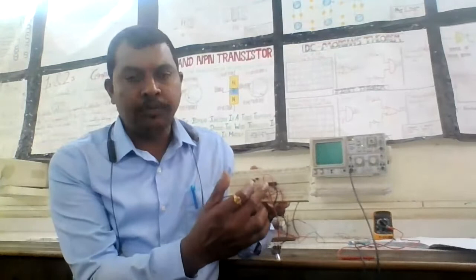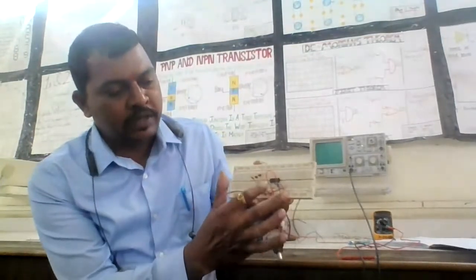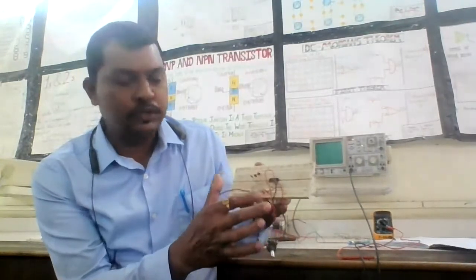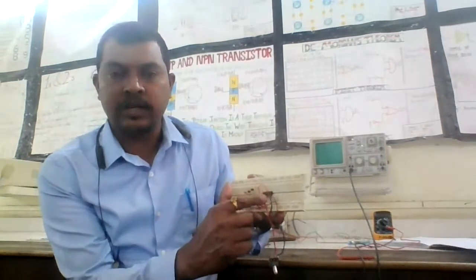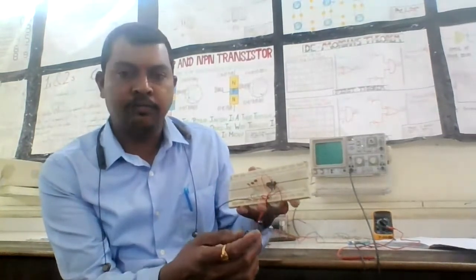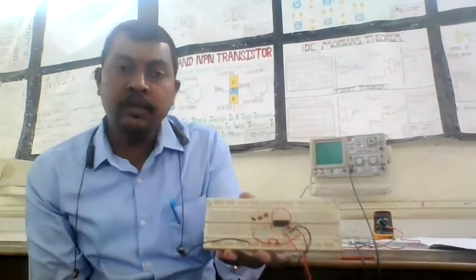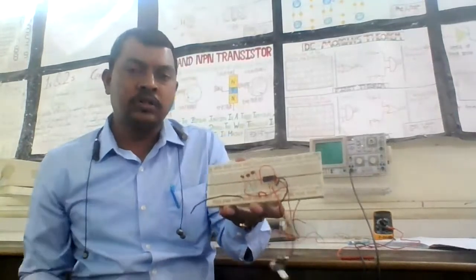We are using the second op amp, and the other three we are not using. We have connected this resistance to the non-inverting terminal and directly to the ground. This input resistance is connected over here, and we have connected a pot in the feedback portion, right? So this is the circuit for the phase shift oscillator.